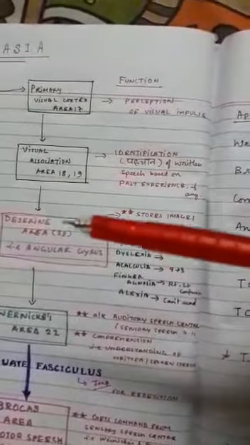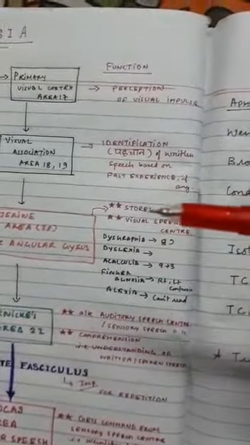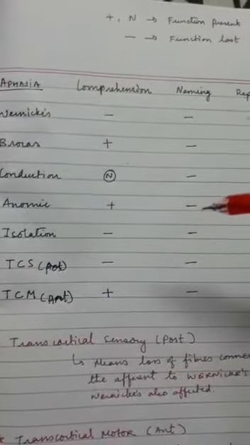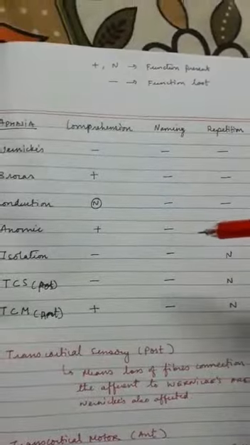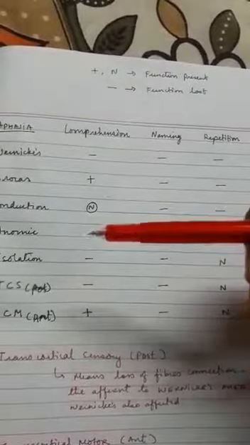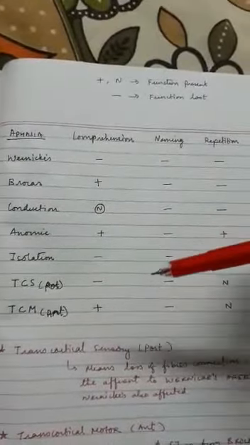Though he gets the visual impulses properly, he will not be able to create those thoughts, and it is thought to be involved in anomic aphasia. Still, no textbook explains it properly. Wernicke's and Broca's areas are normal, and there is no problem in the conduction part, so repetition is fine and only the naming part is involved here.